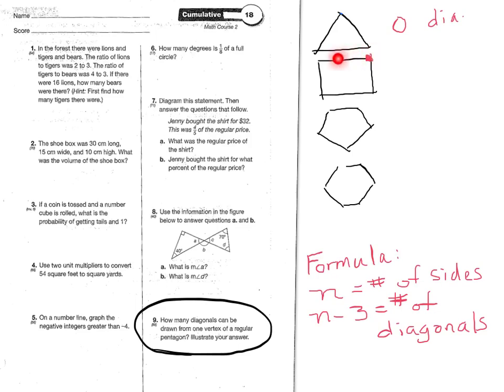Now, if you have a four-sided figure, if I pick one corner, I can't draw from here to here or here to here because that's the side of the figure. However, I can draw from this vertex to that vertex, and that's one diagonal. The next figure has 5 sides. Again, if I go from this vertex, I can't go to either neighbor, because those are both sides of the figure.